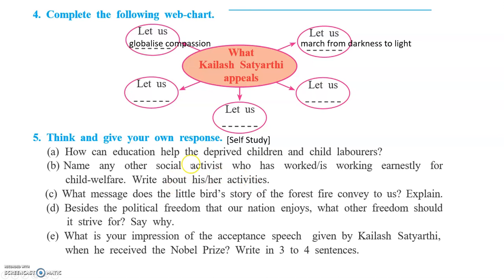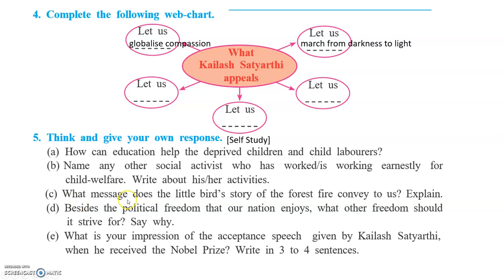So, you are going to Google and find that and write the work of that person. Now what we had done in the textbook, we spoke about Mahatma Gandhi, we spoke about Nelson Mandela, we spoke about Martin Luther King, okay, those were the ones who had worked, no? But you are going to write about something in the present, any other social activist.